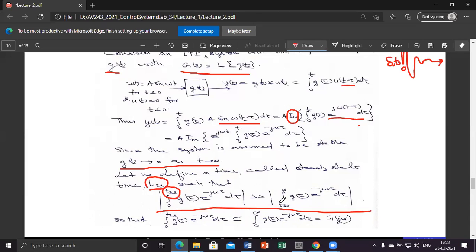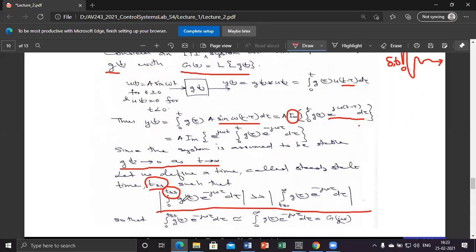And that time I call T_SS. T_SS means steady state. SS corresponds to steady state. All the transients settle by that time. That's the meaning. Thus, we identify a time called steady state time. It is defined in such a way that all the transients excited by a unit impulse command settle down.